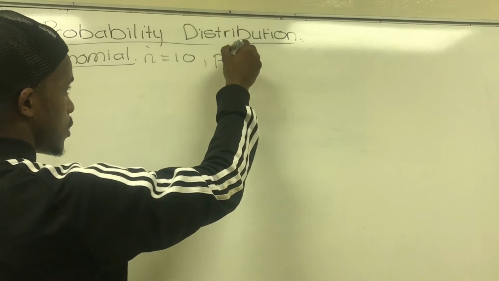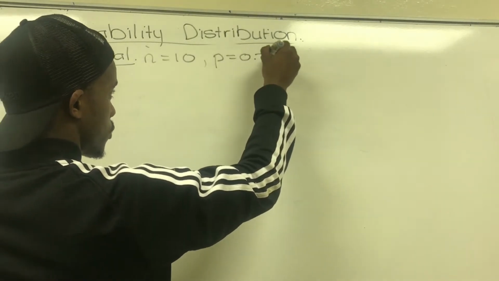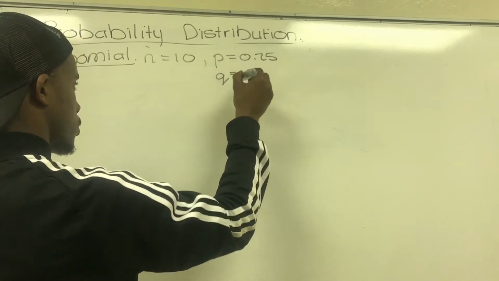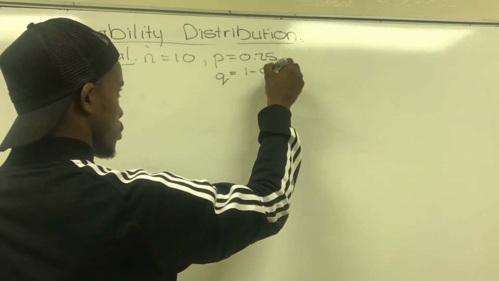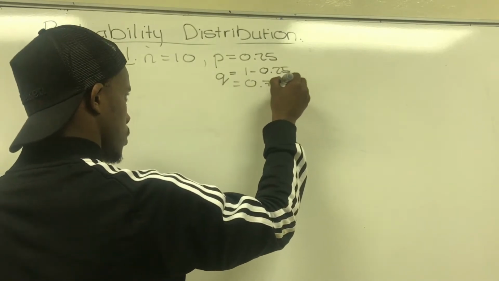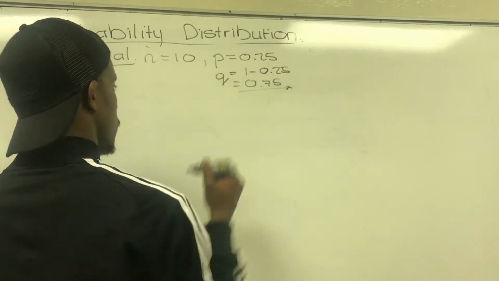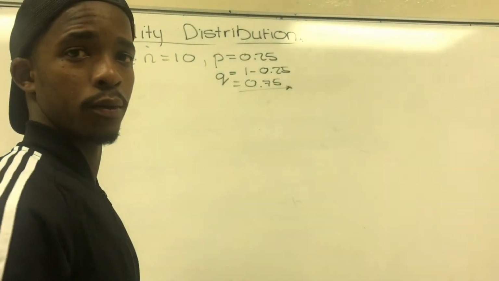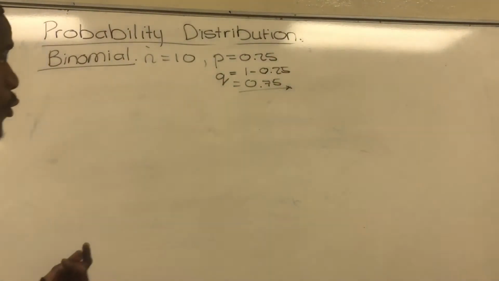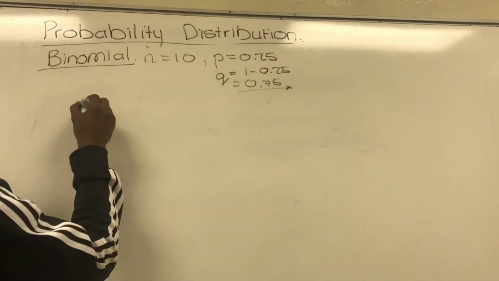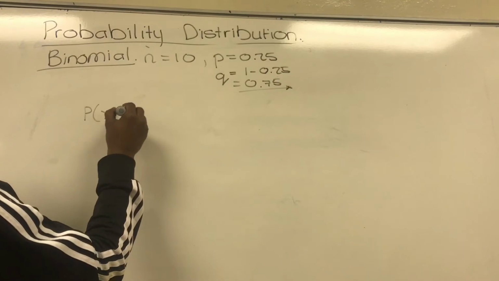Our probability of success is 0.25, and the probability of failure is 1 minus 0.25, which is 0.75. So x is a changing variable, so it will depend on the question. In this case, for the first question, it is 5, because we want the probability that x equals 5.